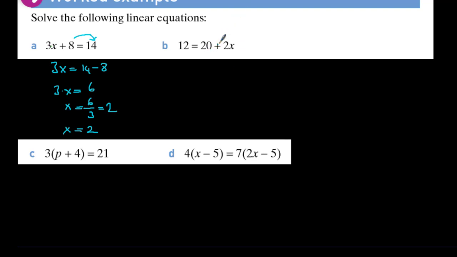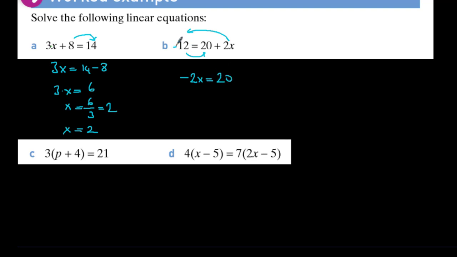If we solve this exercise here also, now I'm going to get the known term and unknown term on the same side, which means I will send 2x to this side and 12 to the other side. Plus 2x is going to be minus 2x, equal to 20.